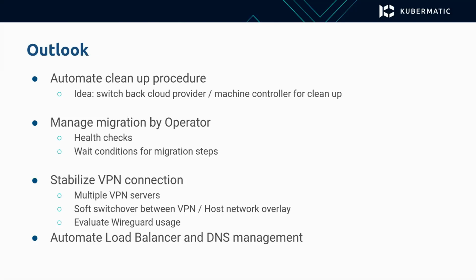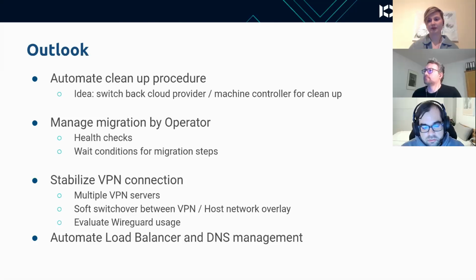That's something we are evaluating. Maybe WireGuard can help us there? And also to clean up and manage the load balancer and DNS management, a controller or an operator can manage the load balancer to get created at the right time and update the DNS at the right time. So those are the steps that need to be created.